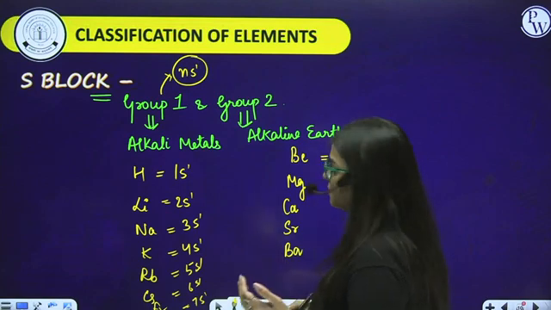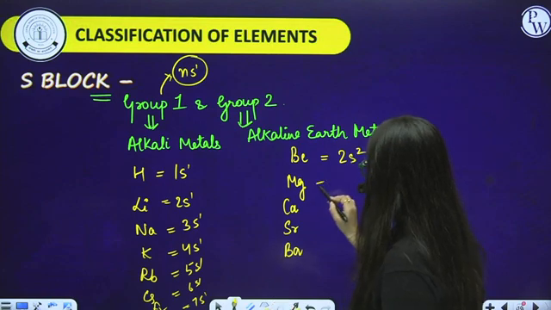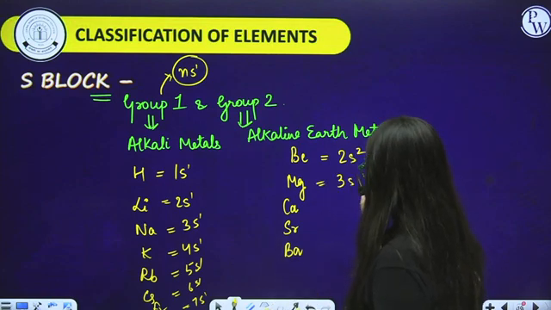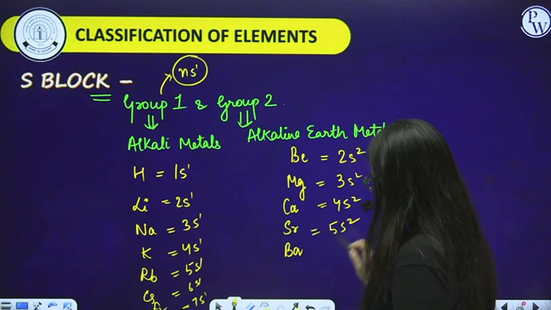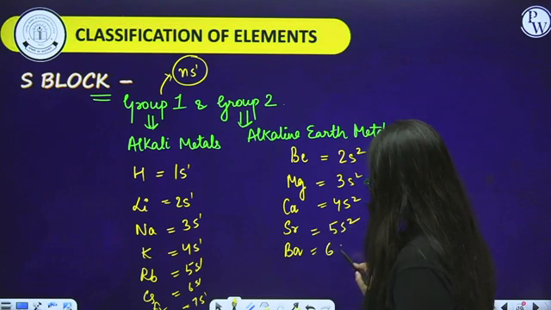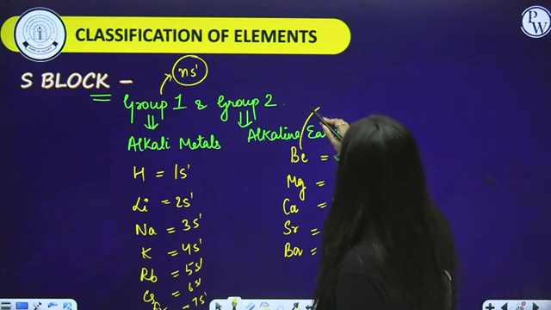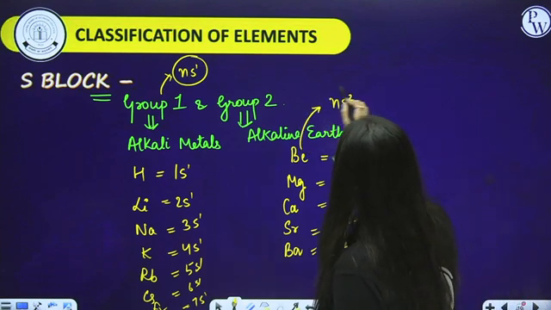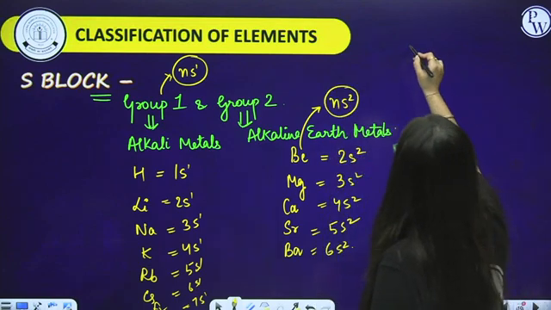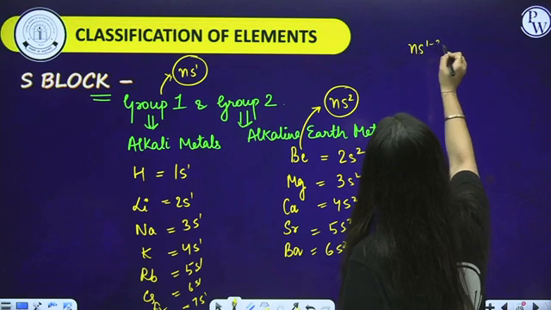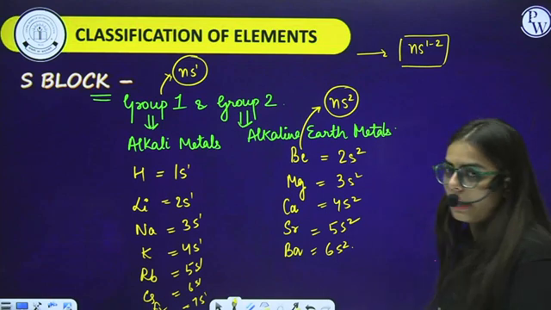I'm saying only the outermost shell electronic configuration, which is basically ns2. So the general electronic configuration for S block elements is ns1 to 2. This is the outermost configuration for this, right?